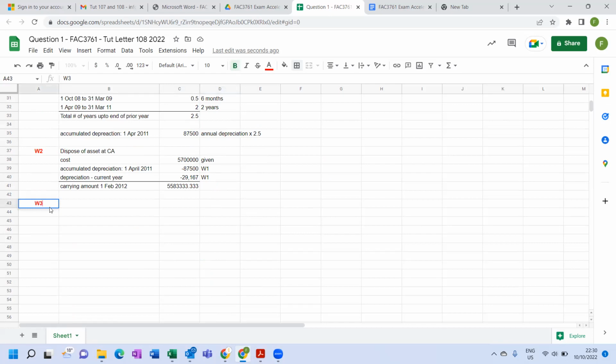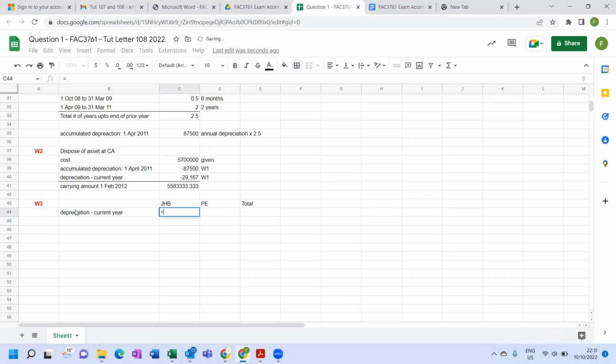Because for buildings we have two, I'll put here Joburg and Port Elizabeth, and that will be total. So this is going to be depreciation current year.